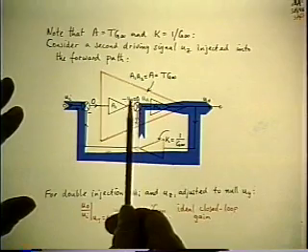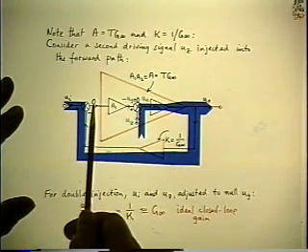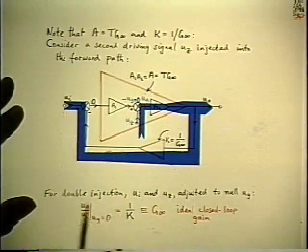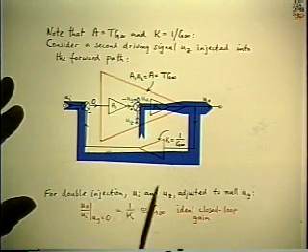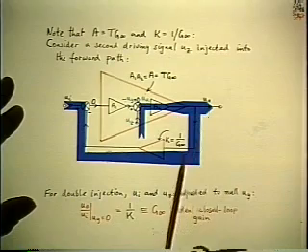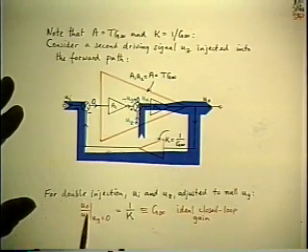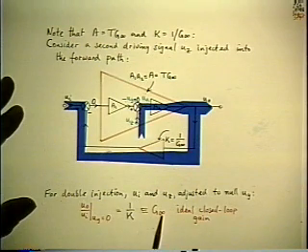We've nulled UY, so we've nulled the error signal. That means that the fed back signal exactly cancels the input. So UO over g infinity equals UI exactly, or UO over UI equals g infinity.